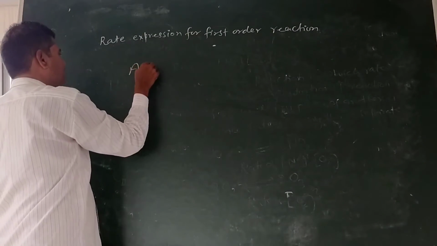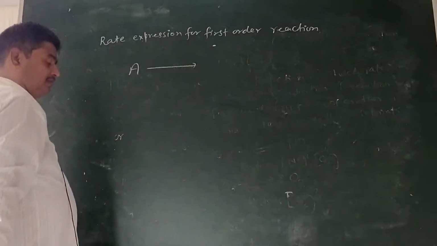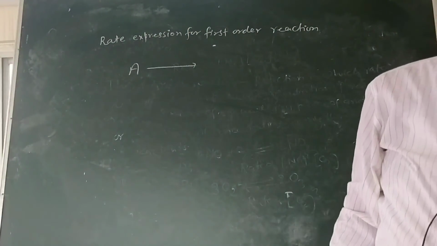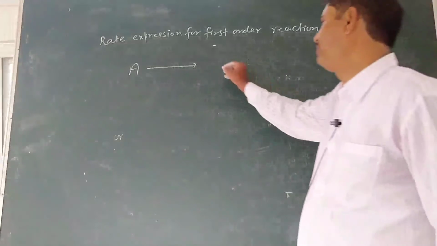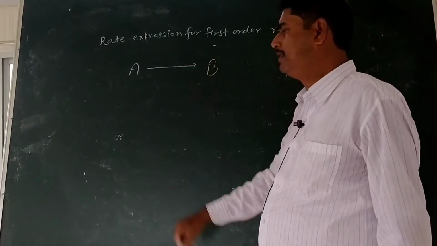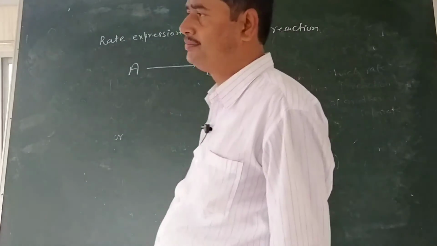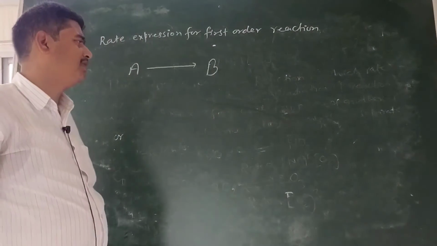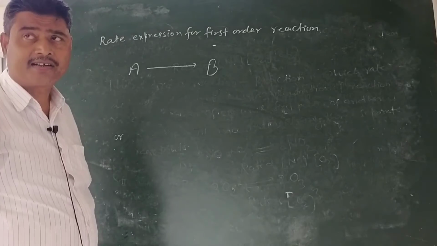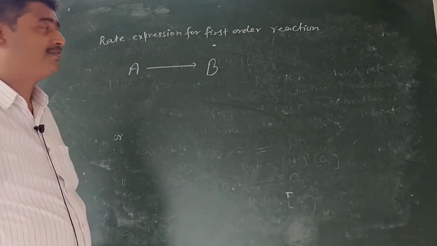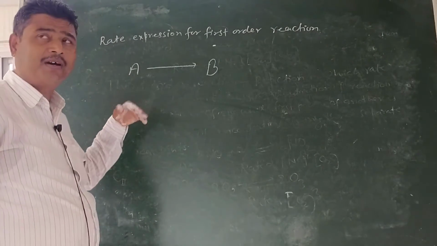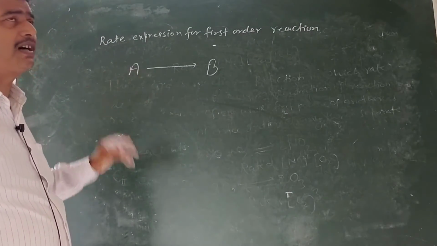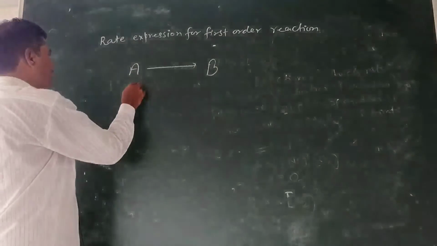Let A be the substrate and it is converted into product B. Initially, that is before starting the reaction, concentration, amount of A per unit volume, is a.